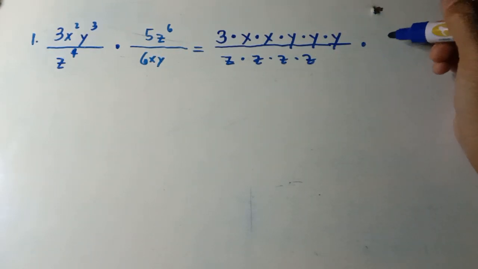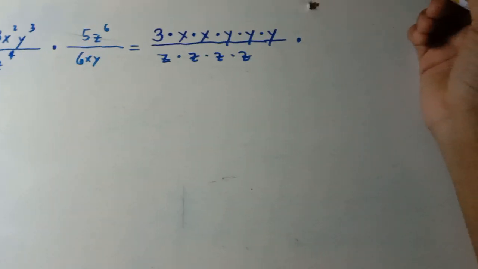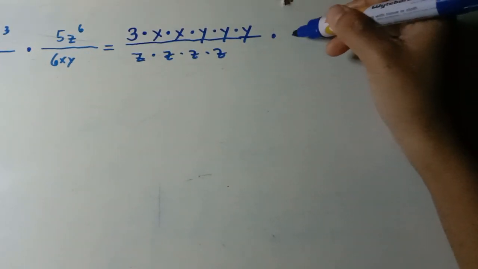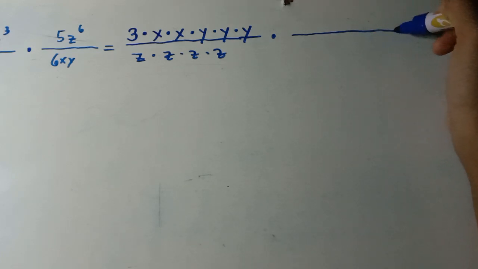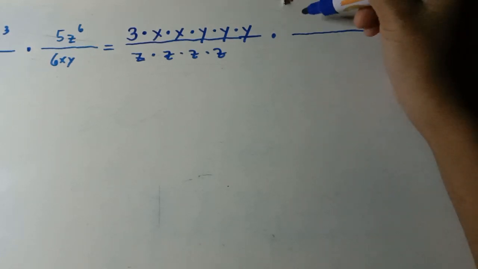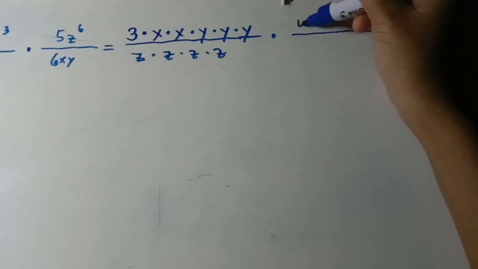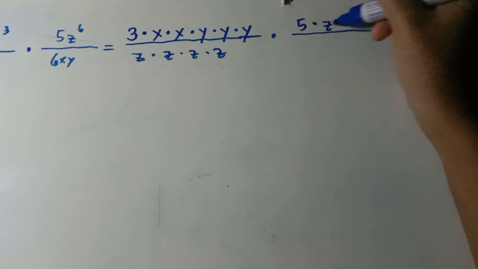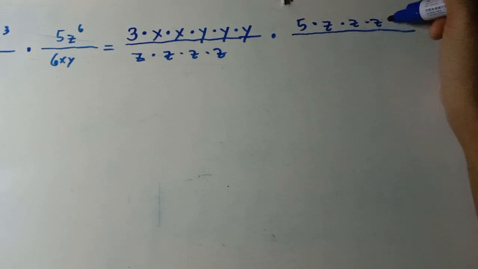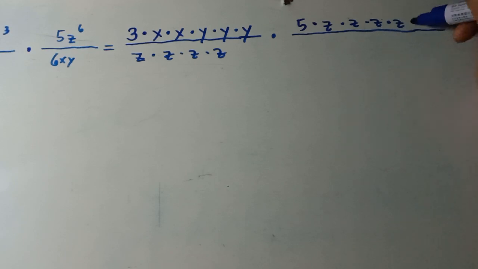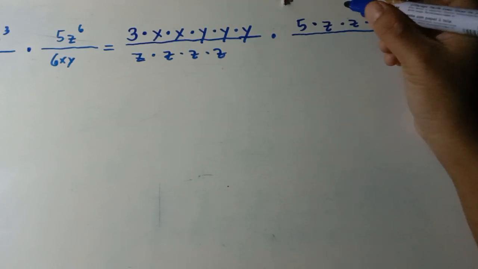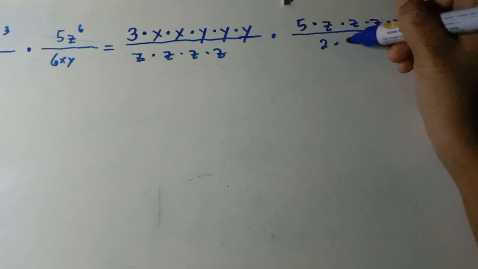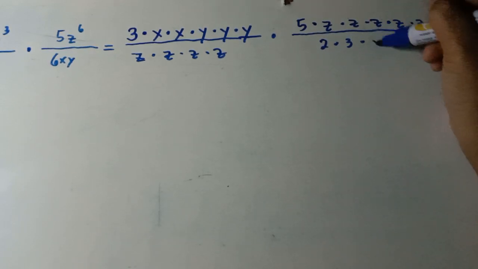And for the second expression means 5z6. 5 is a prime, so still 5. Dayon 6 ka z times and 6xy. 6 means 2 times 3 and then x times y.